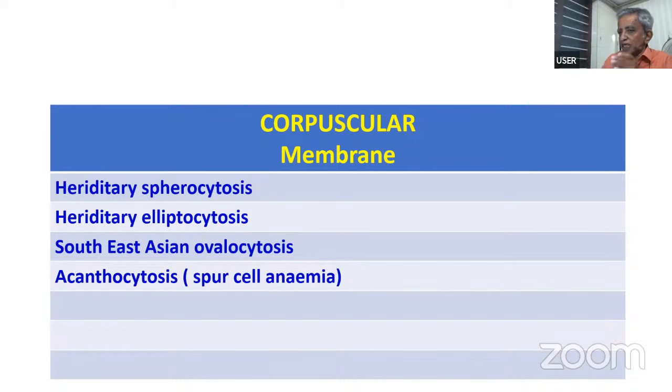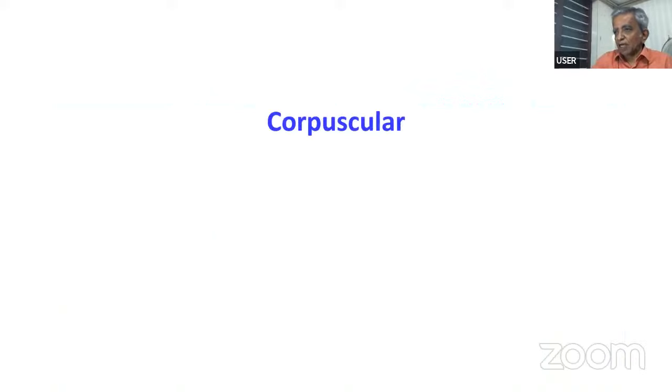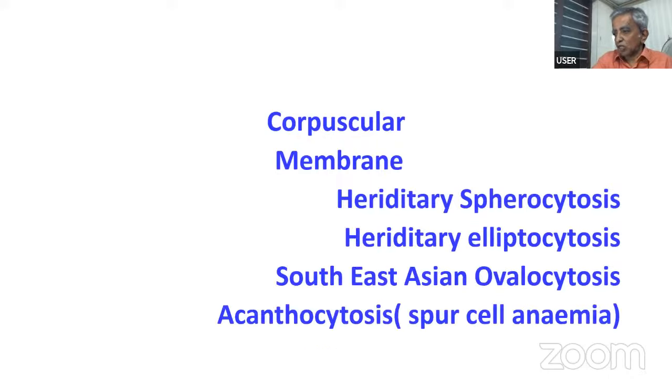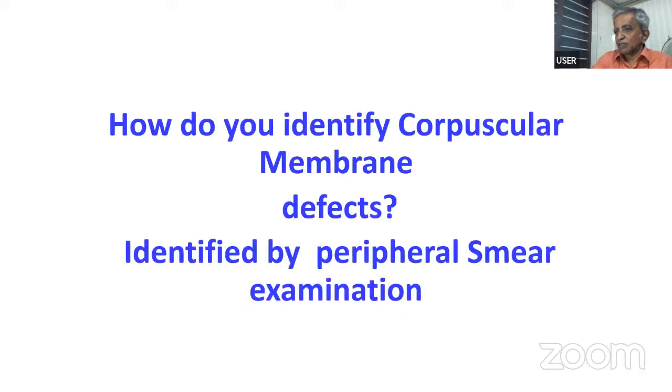It may be spherocytes, it may be elliptocytes, or there are things which do not happen in our country, but for MCQ sake you should know about Southeast Asian ovalocytes and acanthocytes. Acanthocytes we do come across, not related to any particular area. So we'll discuss one after another. Now, corpuscular membrane: spherocytes, elliptocytes, ovalocytes, acanthocytes.